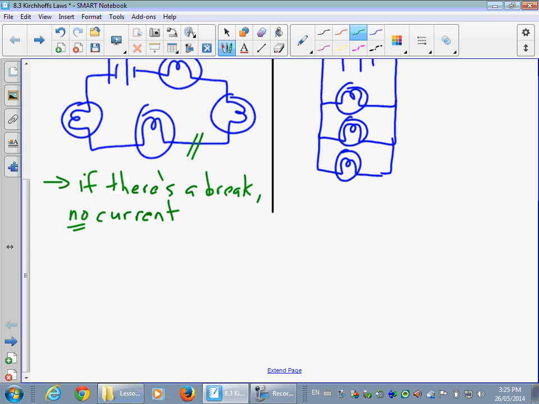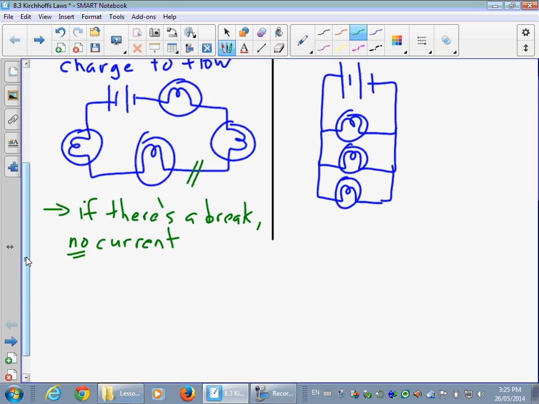A lot of people might look at it and say, okay, well, the electrons are coming out of the negative side of the battery right there, and they're going to flow around here until they hit the break, and then they can't go anymore. But remember, if there's a break, that means that they're not being pulled from this positive side, so there's no reason for the electrons to go anywhere.